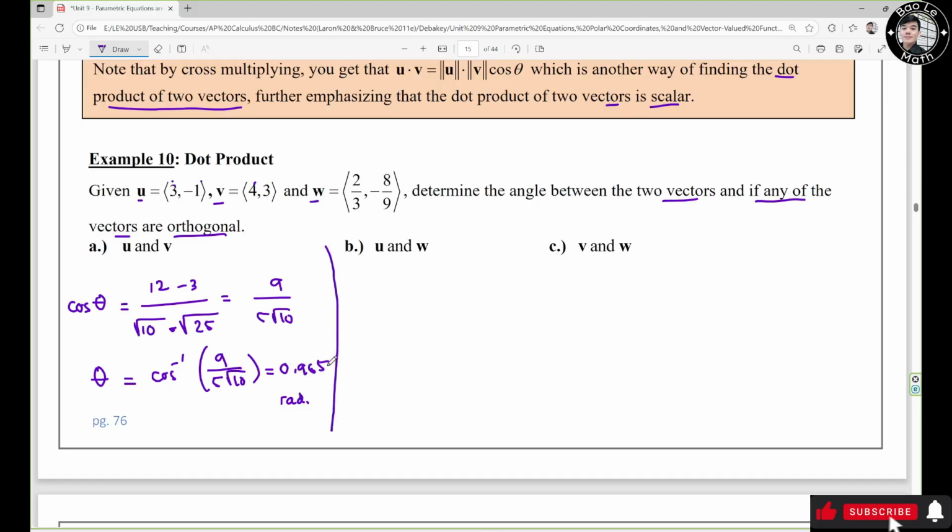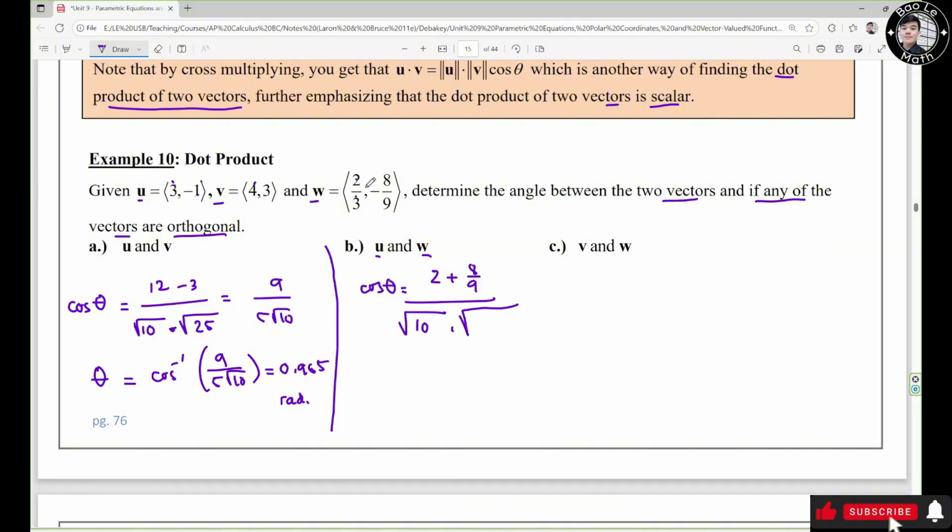Now, question B. Use u and w. So, cosine theta is the dot product between u and w right here. So 3 times 2 over 3, which means 2. Negative 1 times negative 8 over 9, which is plus 8 over 9. Divided by the square root of 3 squared plus 1 squared, which is 10, right?